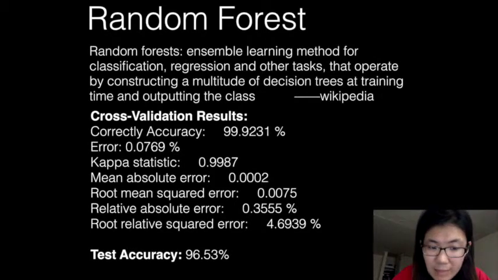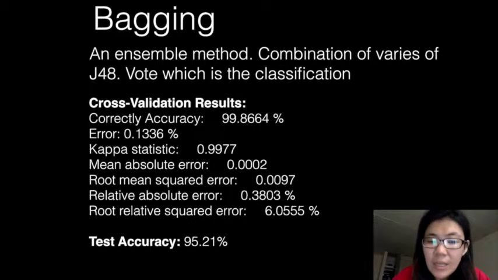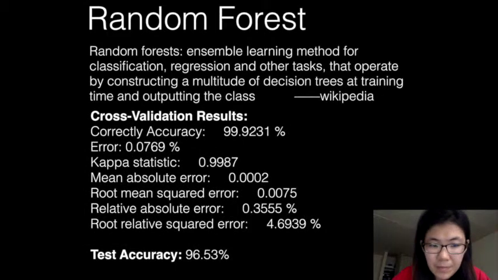The relative absolute error is 0.35%. The root relative squared error is 4.7%, and the test accuracy is around 97%. The result outperformed bagging, both in the cross-validation results and in the test accuracy.